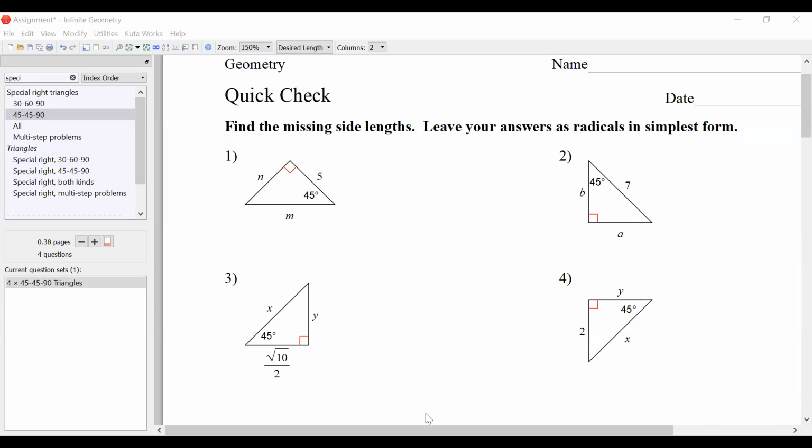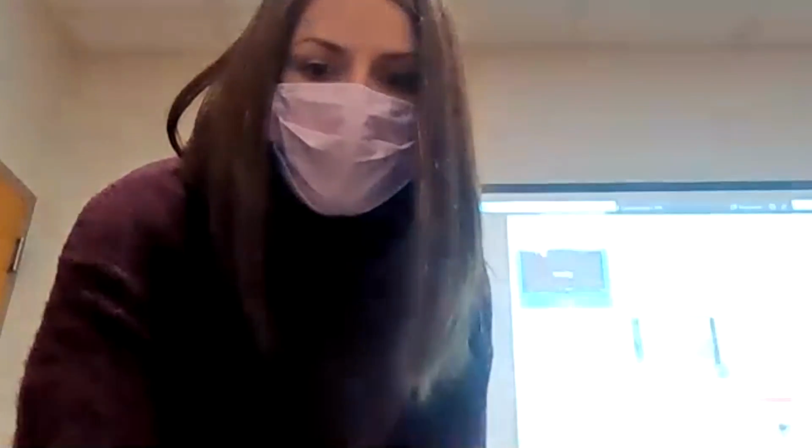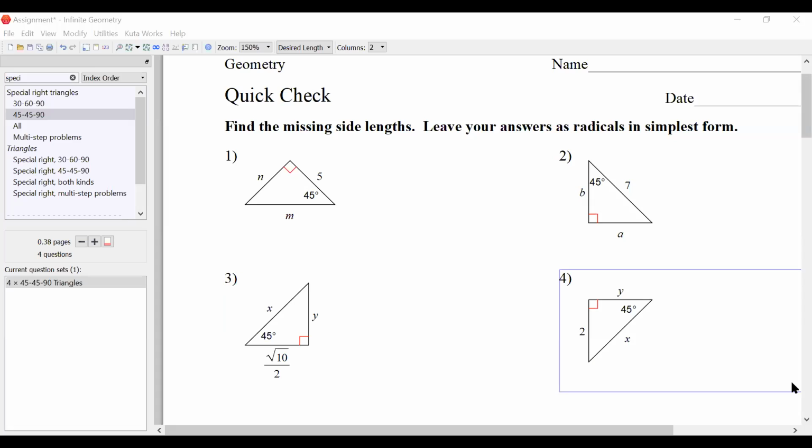Let me just see if I can do this. There we go. Okay, can you see those okay? I don't really think I can make them much bigger.